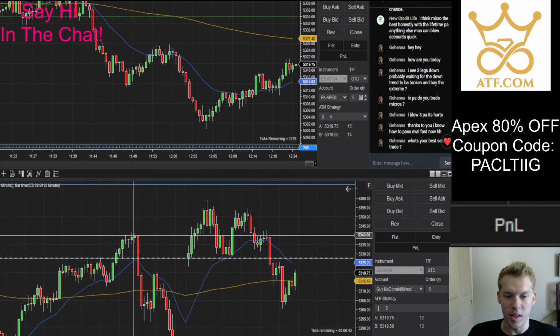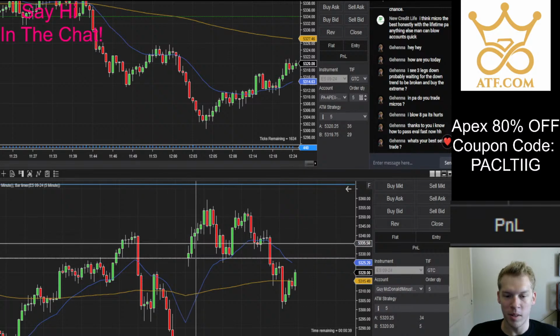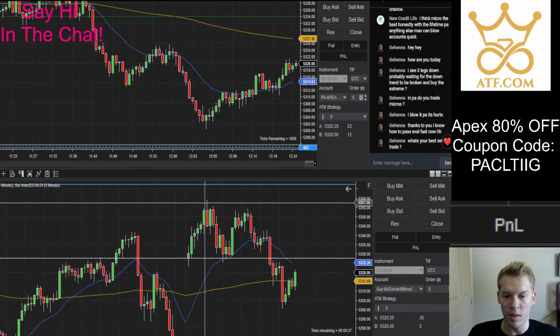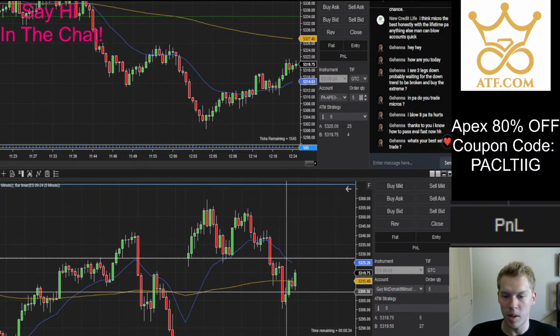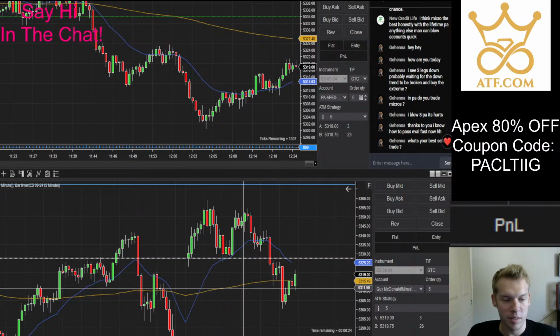And so this is that high. And you can see people sold here. They were able to get a scalp here, or they sold more higher and they made money here or here. So that's how you can use the daily bar to your advantage.